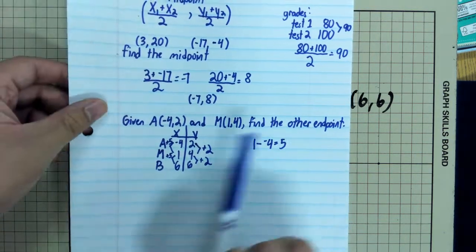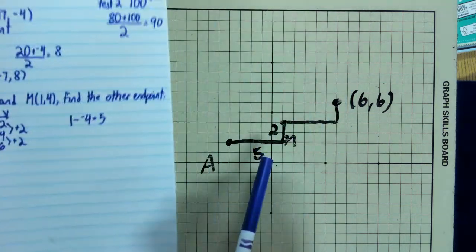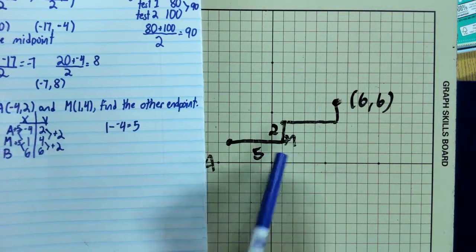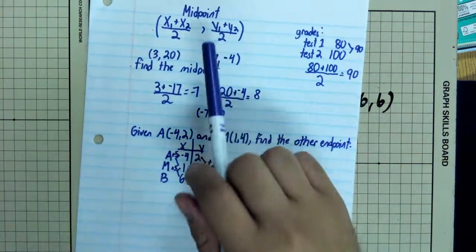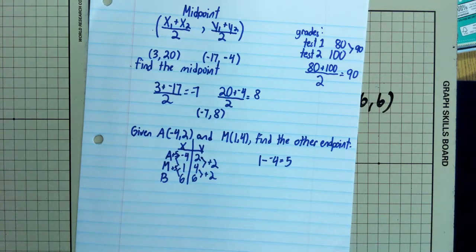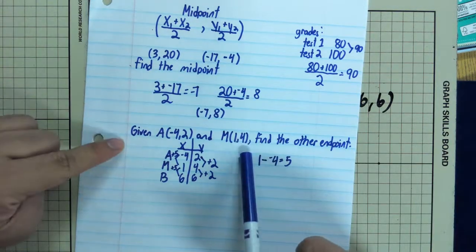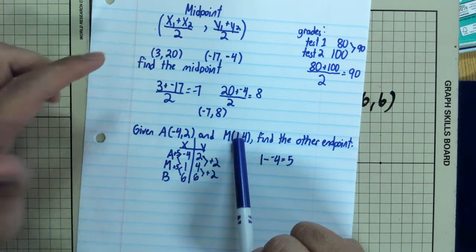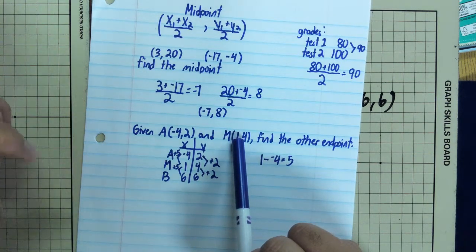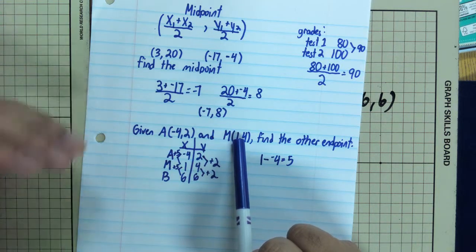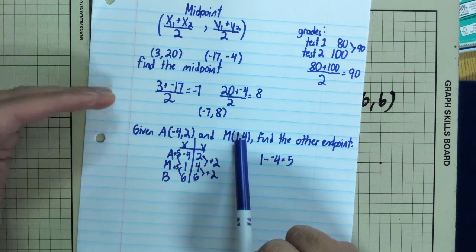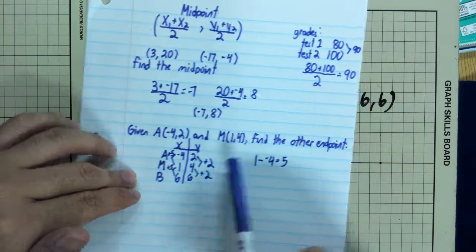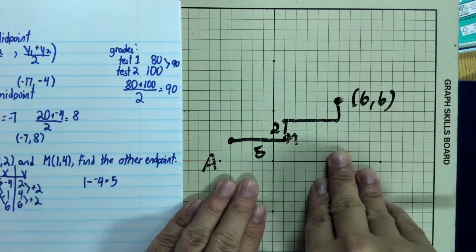I would suggest that you use the table method or the graphing method. The formula method, there is a way to solve this type of question, endpoint and midpoint, using the formula. But that involves more algebra than you would like. And in the interest of time, I would go ahead and recommend use the table, or if there's a graph, use the graph.